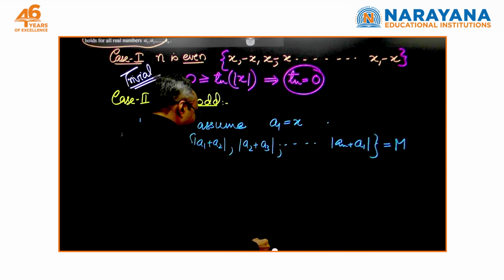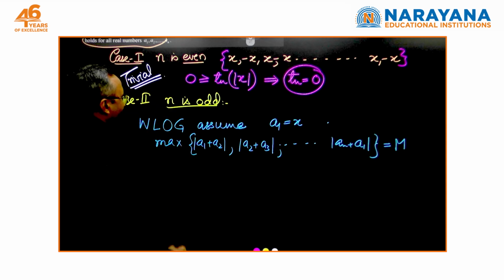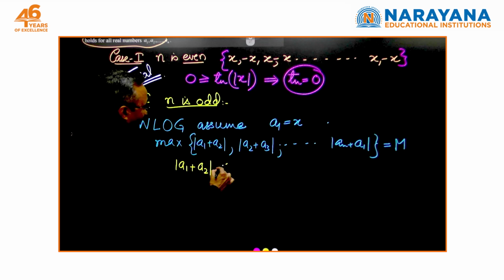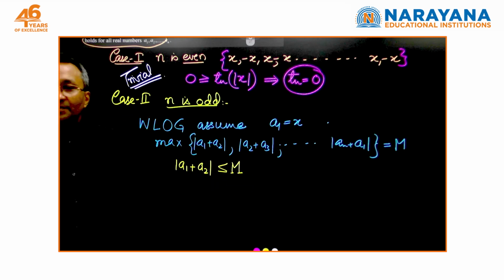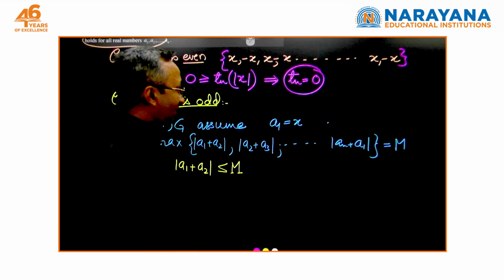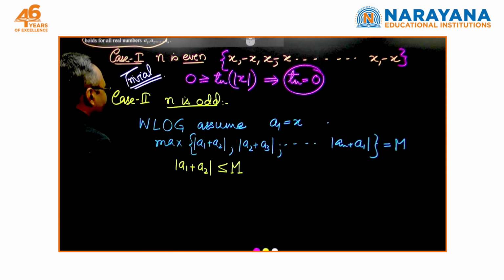So technically, |a1 + a2| is less than or equal to m, isn't it? Because this is the first conclusion we have drawn, that the maximum value is m, so any of these values would be less than or equal to m.